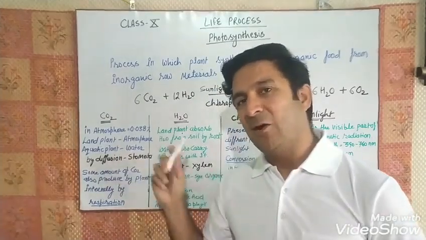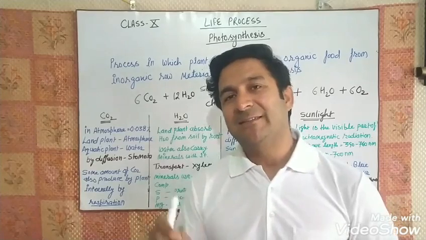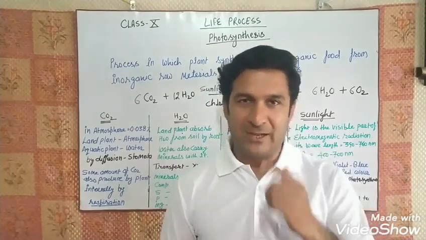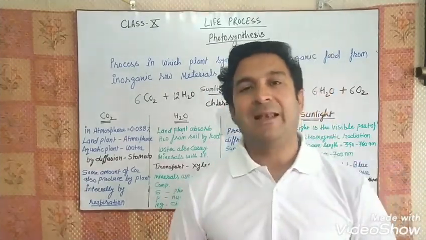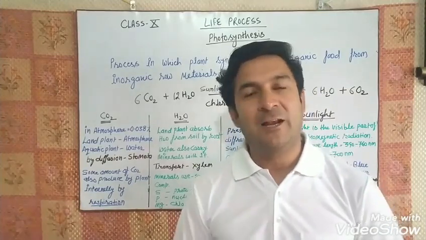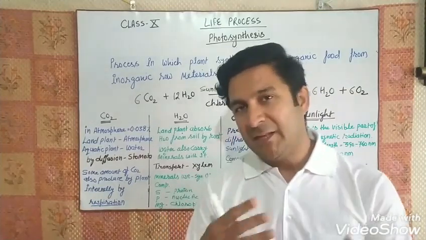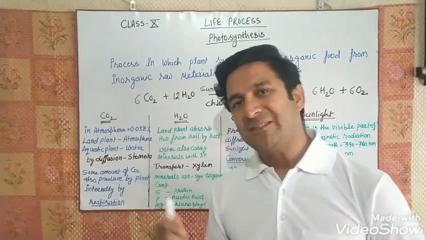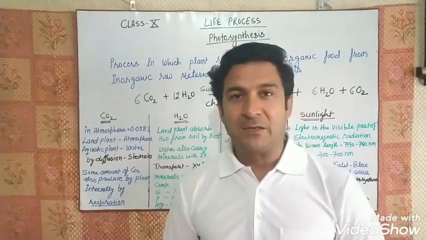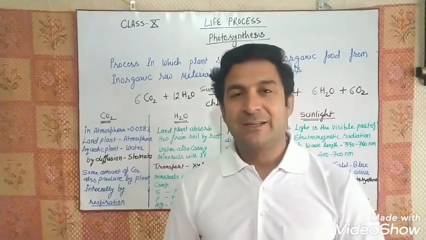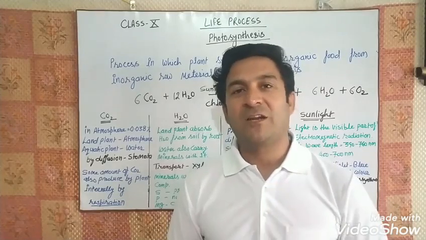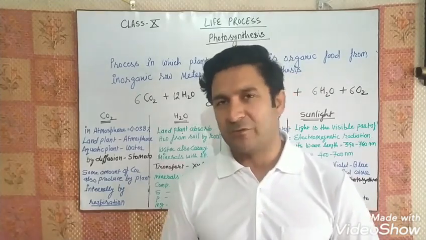Okay, so the carbon dioxide percentage is 0.038% in the environment. If we are talking about land plants, land plants get it directly from the environment by the diffusion process with the help of stomata. But aquatic plants, those found under the water, also get the carbon dioxide from the water medium by the same process. Okay.